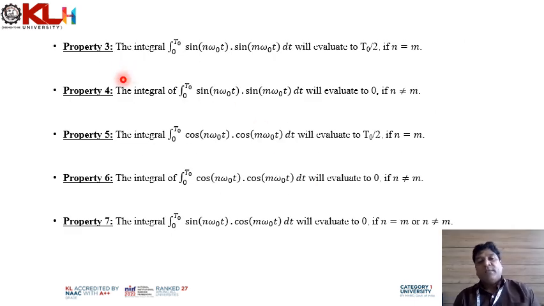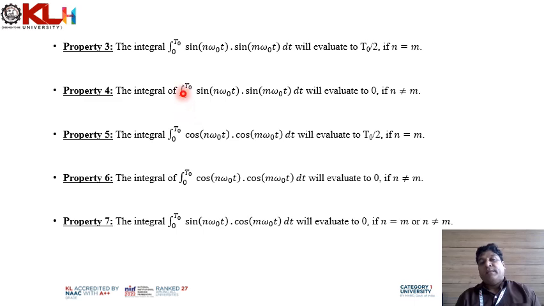Now based on this we are going to get the important orthogonality pairs. If we take the signal sine n omega naught t and another signal sine m omega naught t, both of them are going to be orthogonal as long as n is not equal to m, as per property 4.